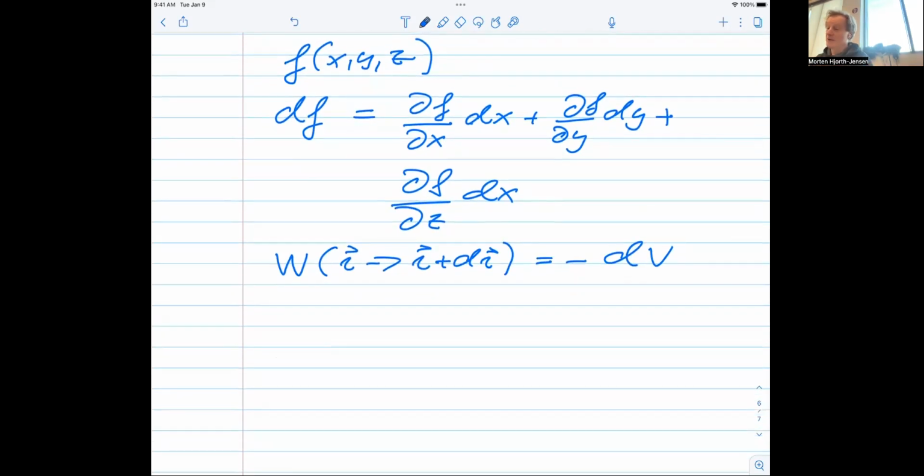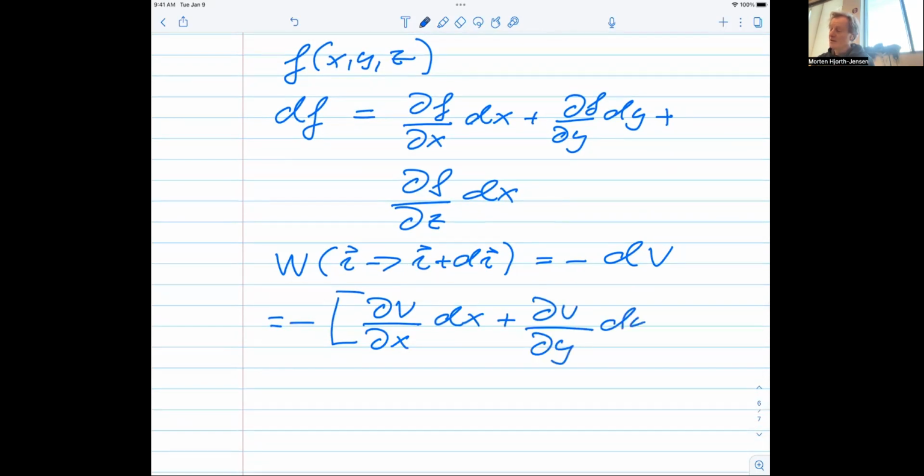So this is the negative, and we can rewrite that in terms of the partial derivatives. So we have dV/dx multiplied with dx plus dV/dy dy plus dV/dz dz here.